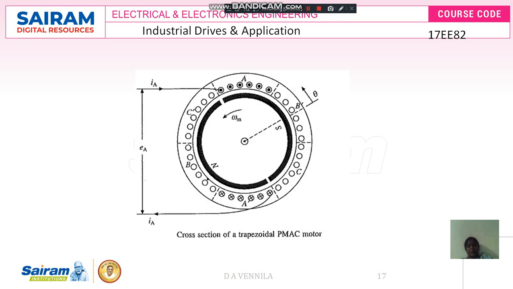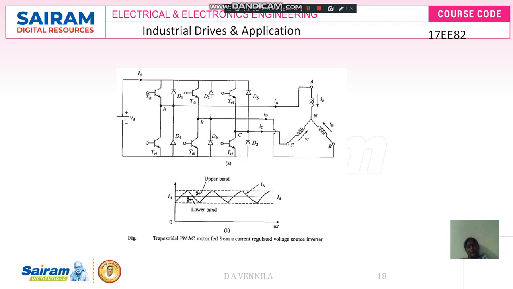This is the cross sectional view of the trapezoidal permanent magnet AC motor. This is the current regulator voltage source inverter circuit, and here the thyristors are switched on sequentially.